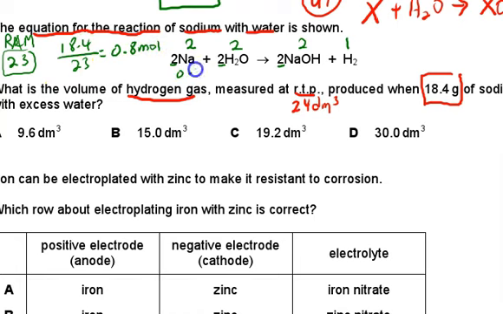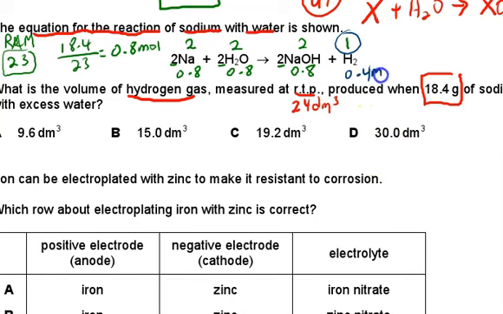So here you have 0.8 mole, 0.8 mole, 0.8 mole, and since here we have only 1, it will be halved, which is 0.4 mole reacting.